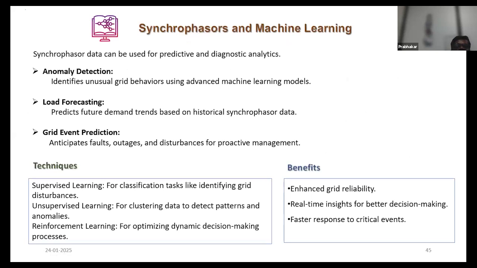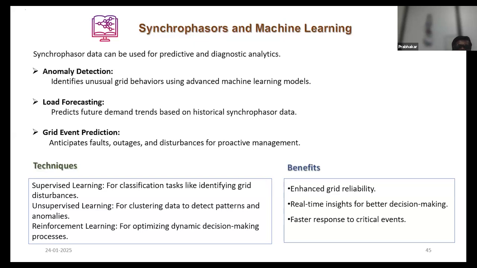state of the grid. So as I said, these machine learning techniques are very much useful for various applications with the help of the synchrophasor data. One is to identify unusual grid behavior, then forecasting grid events, where you can anticipate a fault, outage, and disturbance.